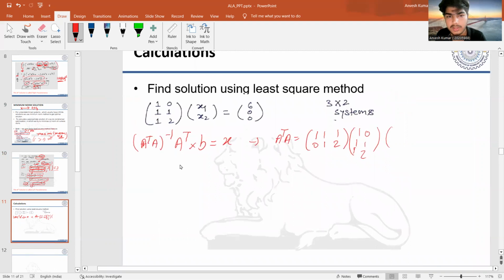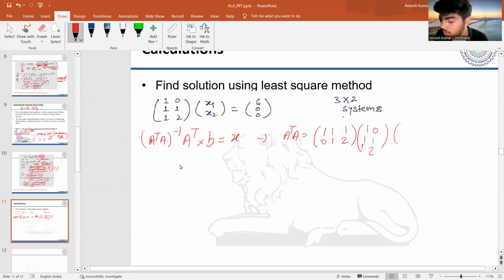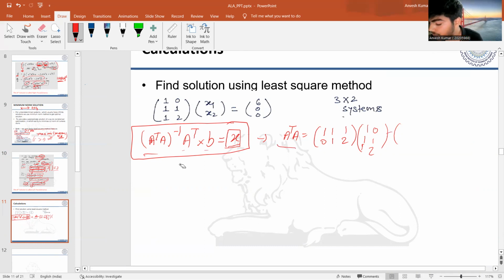So first of all, we solve a least square method. First solve an overdetermined system using the least square method. What was the formula which we finally got in the least square method? To find our least square solution, we have to use A transpose A inverse A transpose multiplied by B. So first we calculate A transpose A, which comes out to be 3, 3, 3, 5.